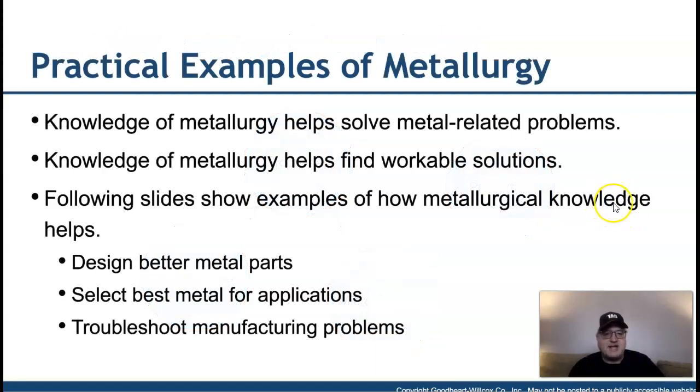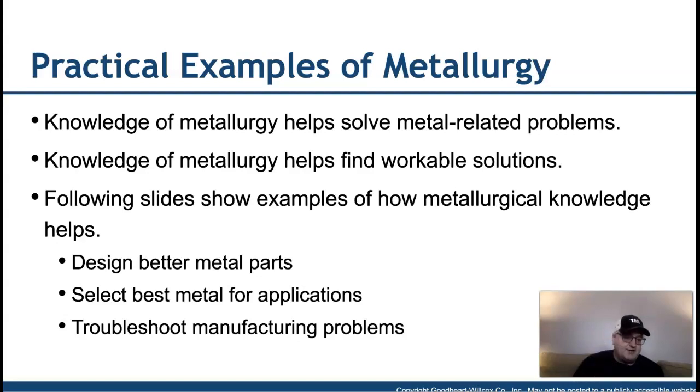All right, so here are some examples of metallurgy that we would need to use to solve some of these metal related problems that we're going to run into. The idea, of course, is to get better metal parts. So learn the best metal for different applications. What does that mean?